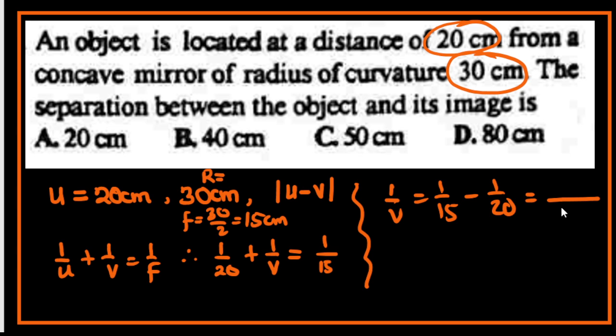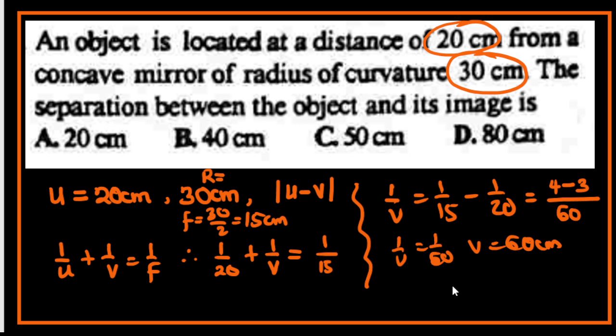So we can use 60 as the LCM. 15 in 60 is 4. Then 20 in 60 is 3. So we have 1 over v equals to 1 over 60. V is 60 centimeter.